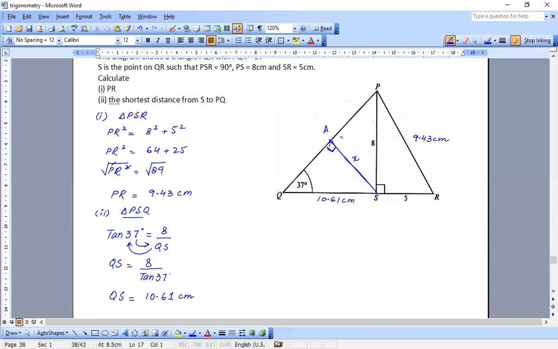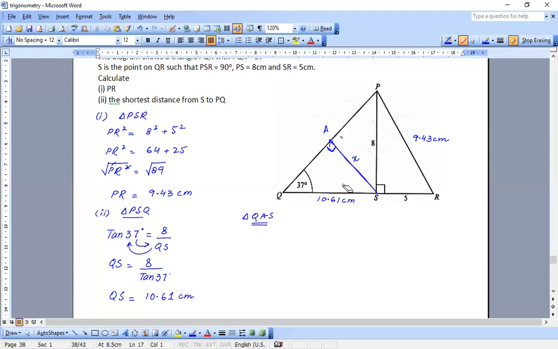Now I can consider the triangle QAS, and in this triangle, I have an angle, I have a side, and I have to find out one of the sides. The side which I know is opposite to the right angle, which means 10.61 becomes the hypotenuse.